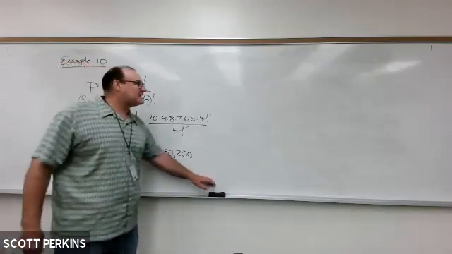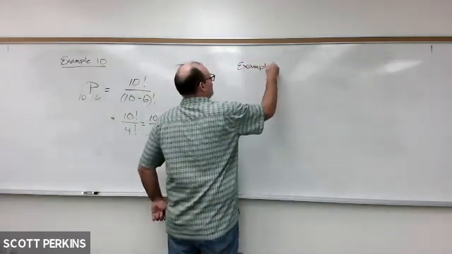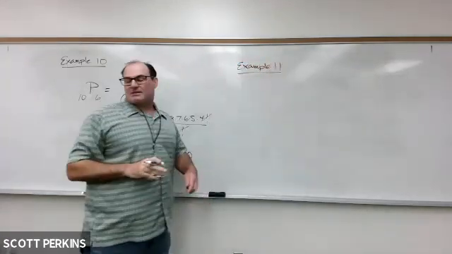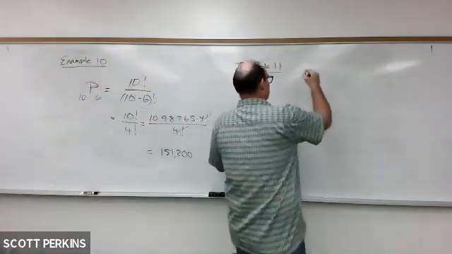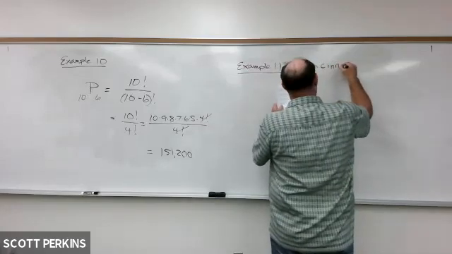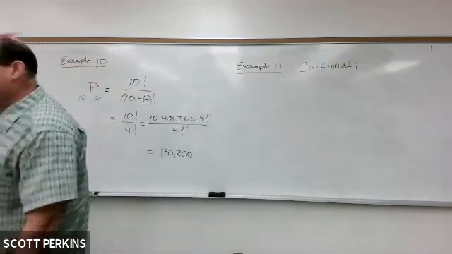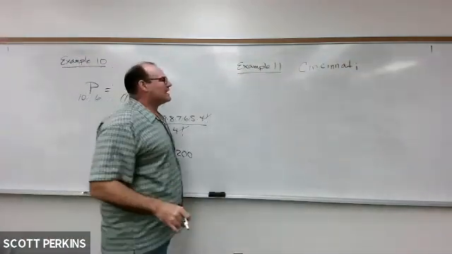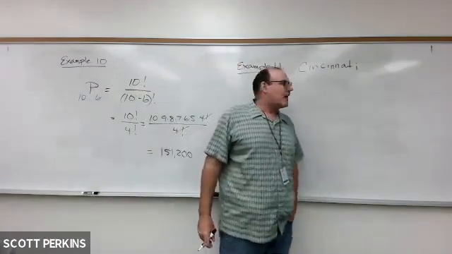So in example 11, what I want to do is arrange the letters in the word Cincinnati, which I don't know that I can spell. There we go. But here's the issue, and why this is our second to last problem: I've got repeated letters.